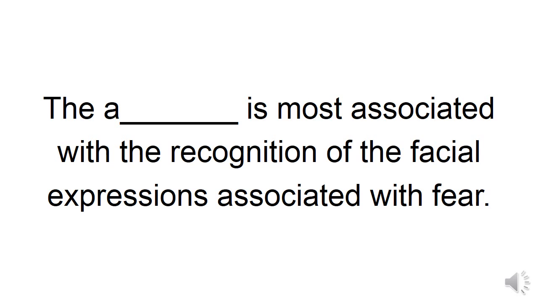The amygdala is most associated with the recognition of the facial expressions associated with fear. So what brain structure is most associated with the recognition of facial expressions associated with fear?